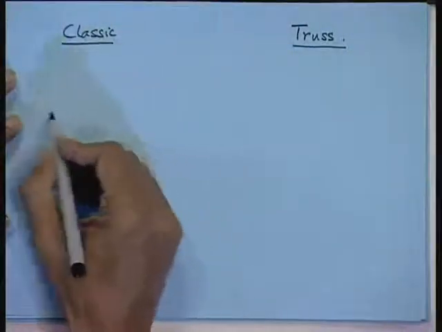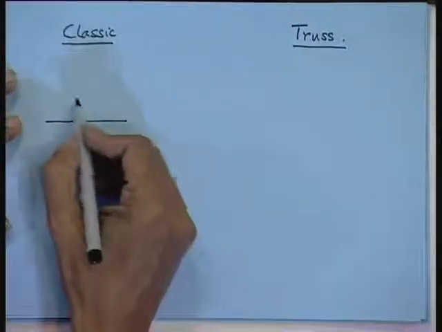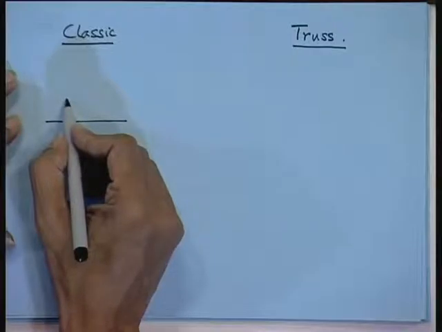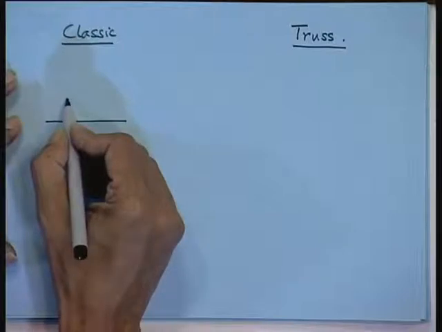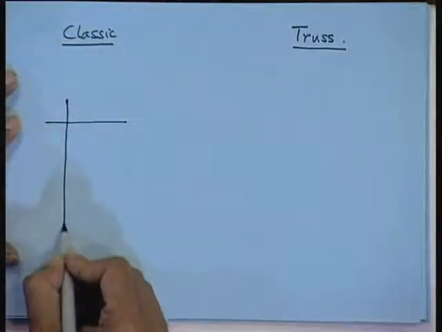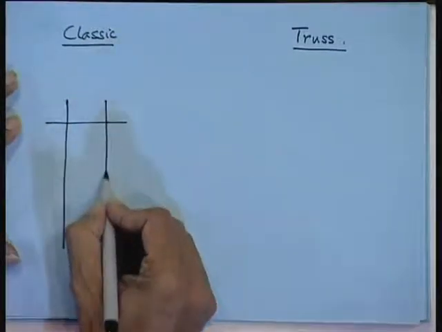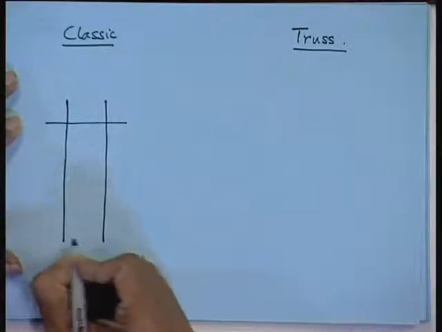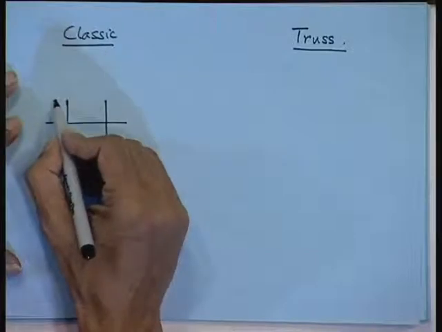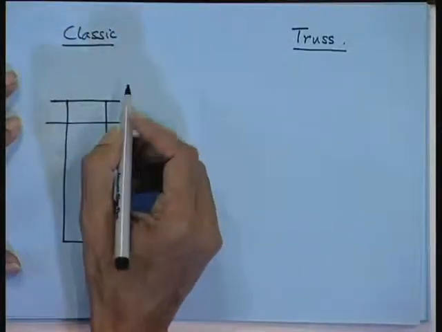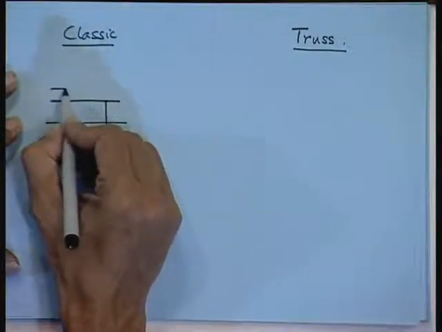Now, in the classic spar, if this is your water line, then the deck is kept above the water line. The deck is more or less an open deck, truss type open deck.